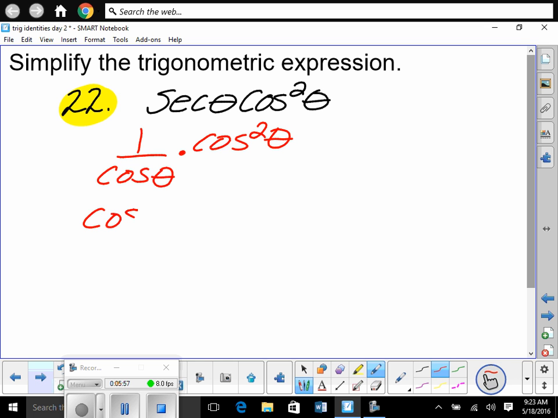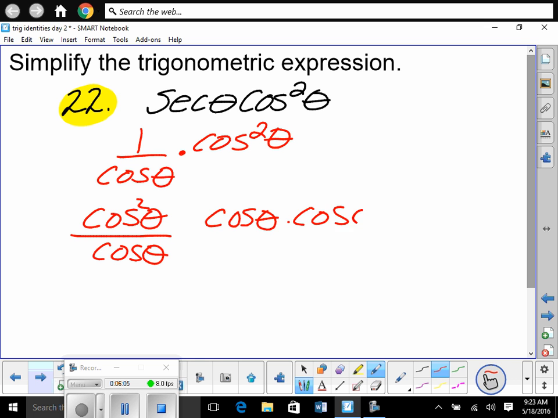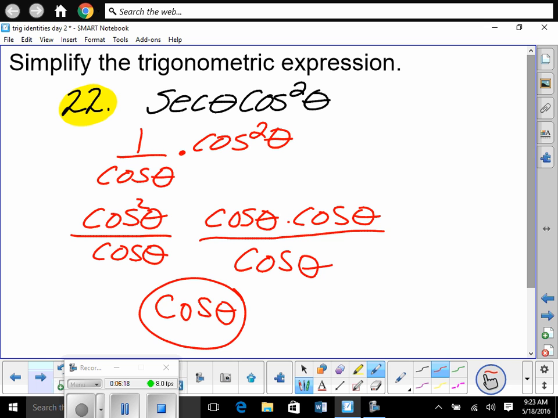So we have cosine squared theta over cosine of theta. So isn't that just cosine theta? Isn't cosine squared theta, cosine theta, cosine theta, all over cosine theta? Thus, our answer is cosine theta. Sweet.